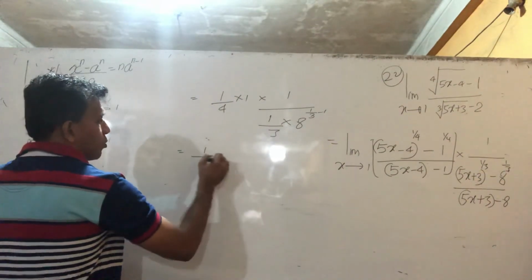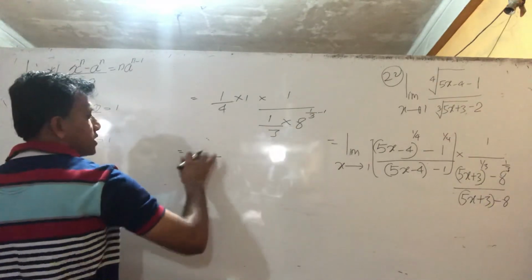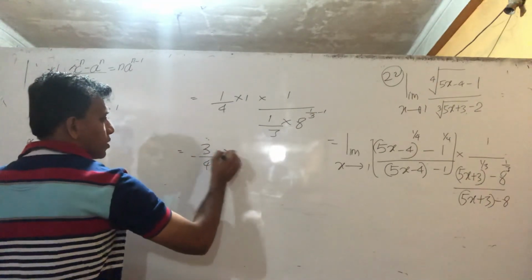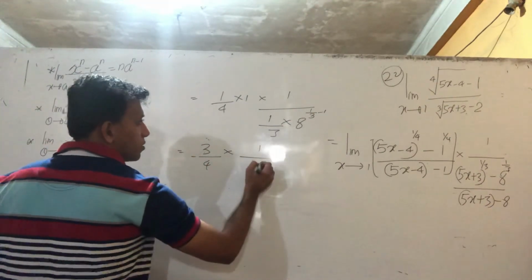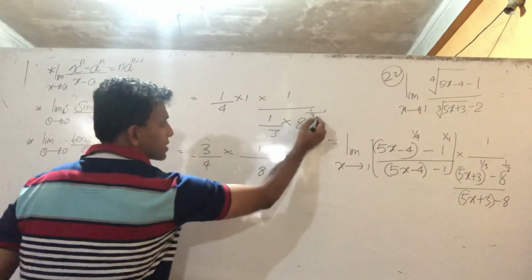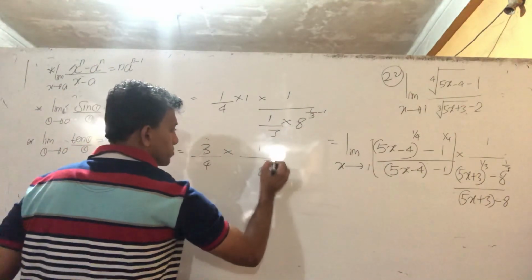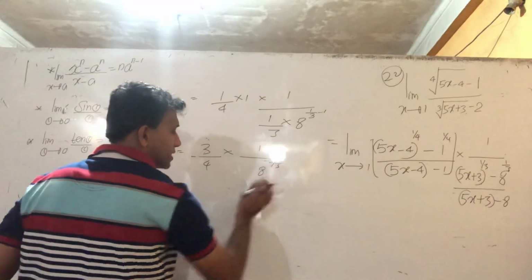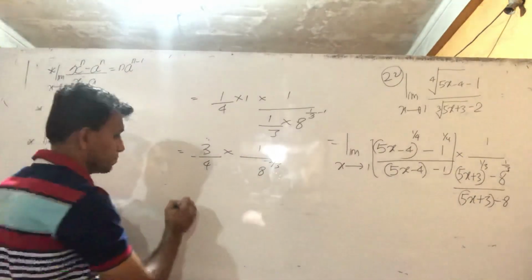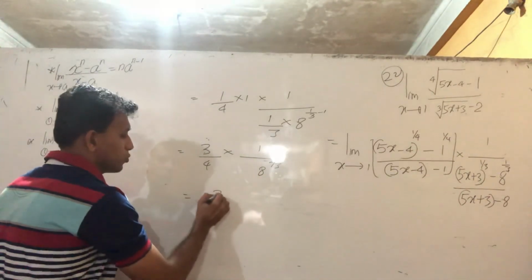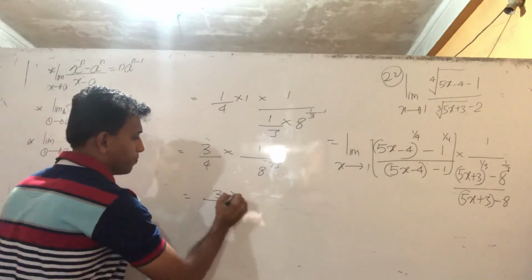Here the 3 goes up by 3 over 4, right? Here 8 to the power 1/3 minus 1 is 8 to the power minus 2/3. Follow your O-level knowledge, simplify. So 3 over 4.